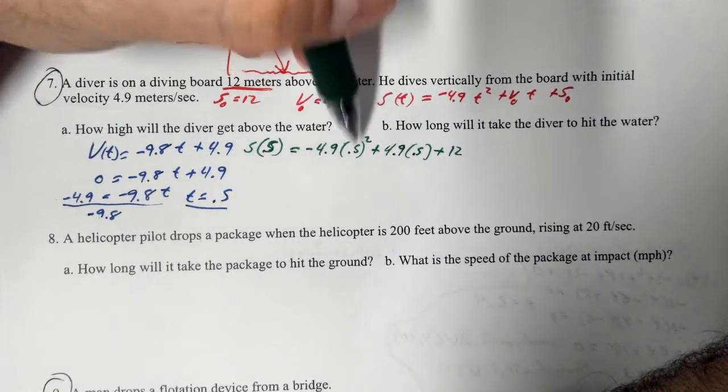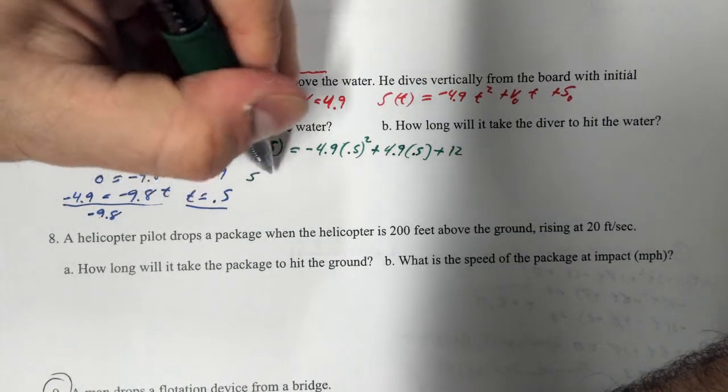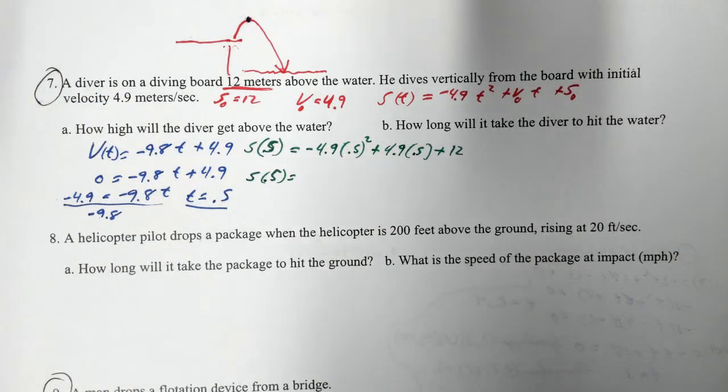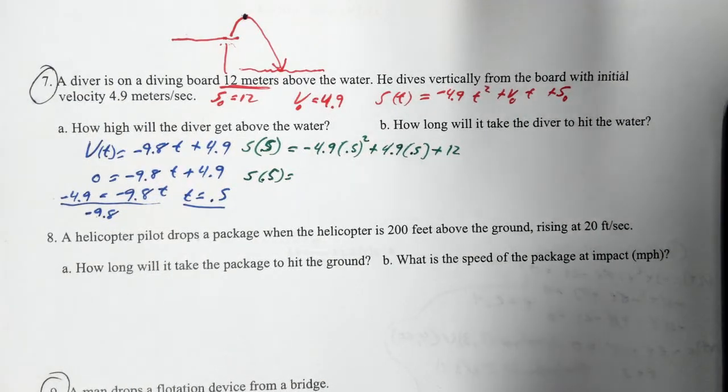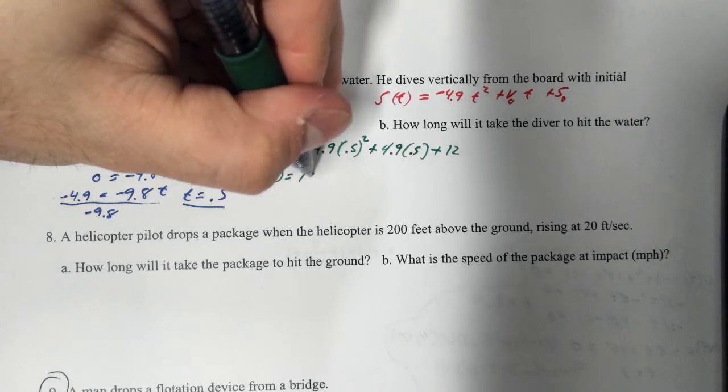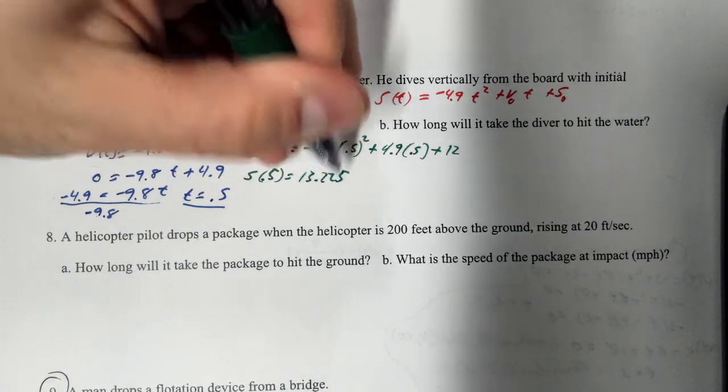I'll put that in the calculator: negative 4.9 times 0.5 squared plus 4.9 times 0.5 plus 12, and we get 13.225.